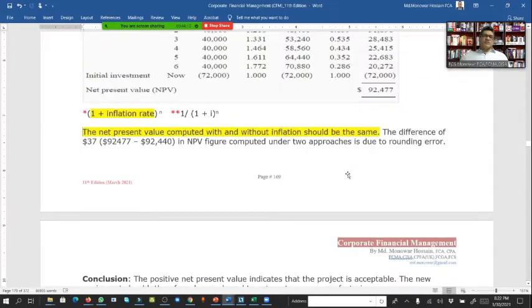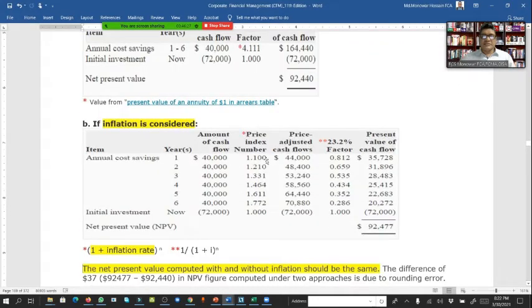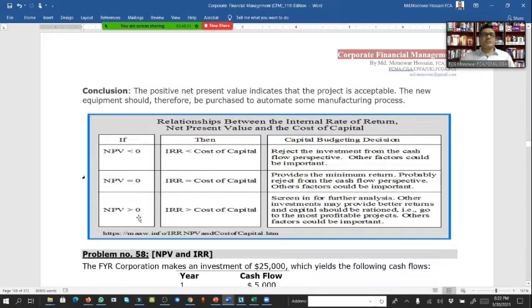So we have calculated the first time not considering the inflation, and the second time considering the inflation rate, but here we have seen the same result. Here is the relation: if NPV is less than 0, or IRR is less than the cost of capital, the budgeting decision is to reject it.